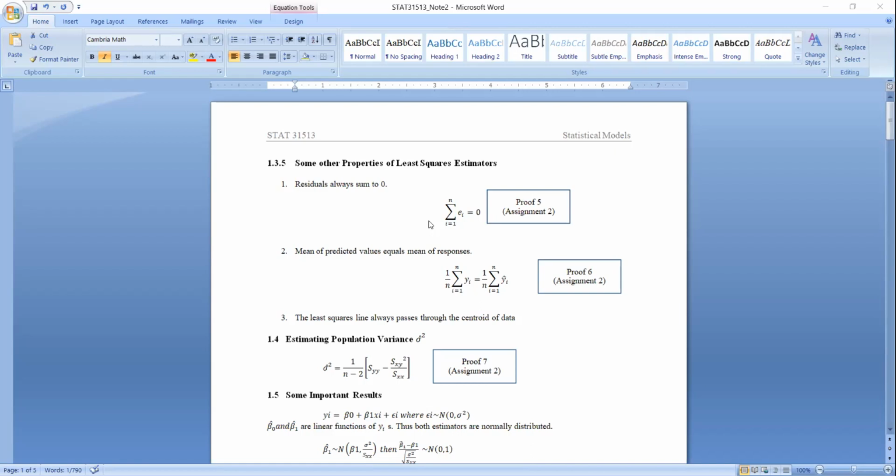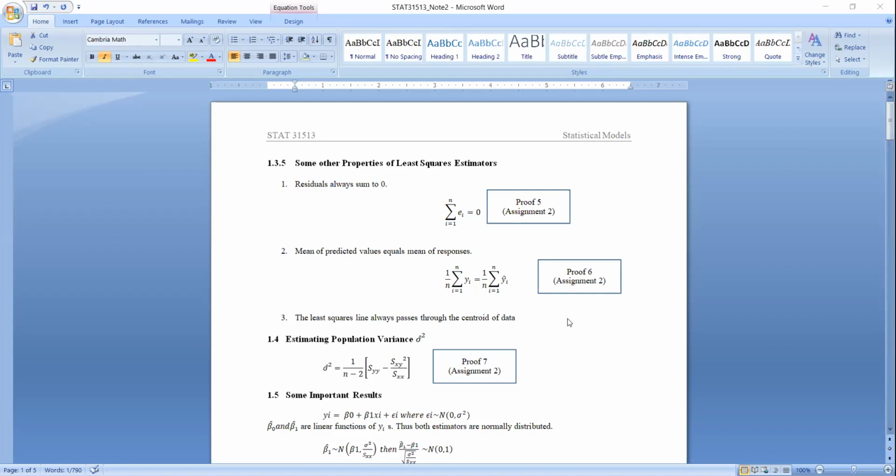Here you can see in point 2, when you take the mean value of the original response variable, you have to take the summation of all the y values and divide by the number of observations. If you want to take the mean value of the y hat values, you have to take the summation and divide by the number of observations. So you will see you get the same value if you calculate these two mean values.